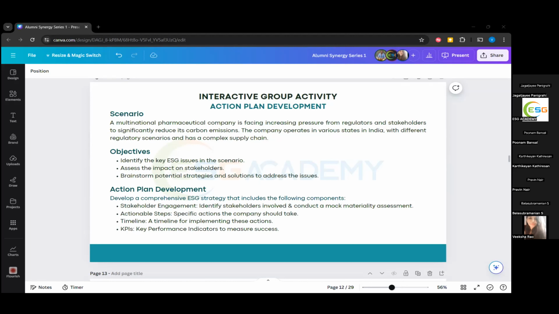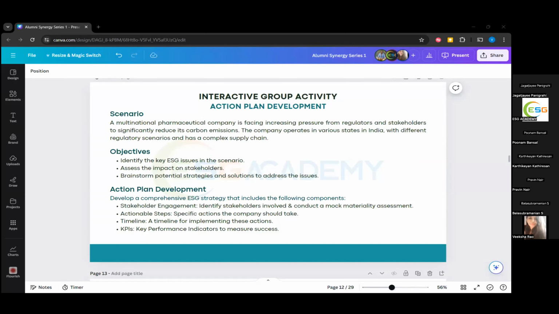That is, one, we will try to identify the key ESG issues for these people, and we will try to understand how these issues impact each stakeholder group, and then try to brainstorm potential strategies we can adopt together. Okay, so like I said, there will be in the end 4 deliverables from us by the end of this session.